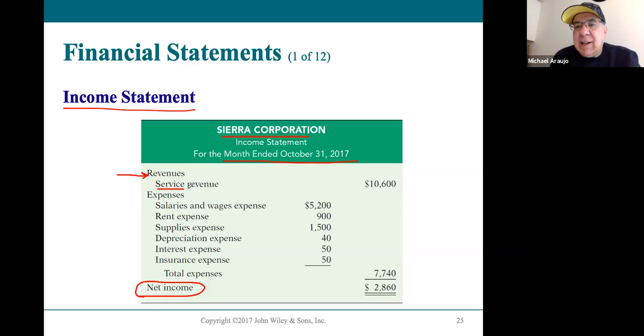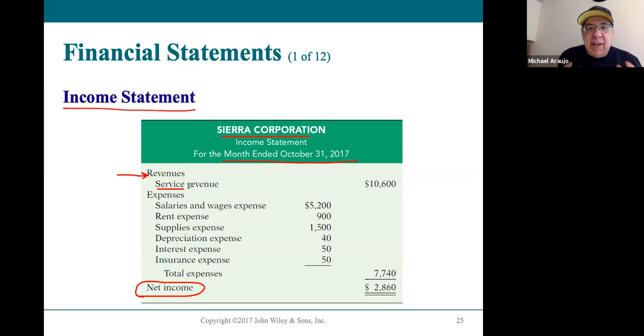But just for you to know, service revenue, the word service, is when you're paying someone to do something for you, whether that's taking you on a tour, cleaning your house, cutting your hair, providing legal services or counseling services for you.